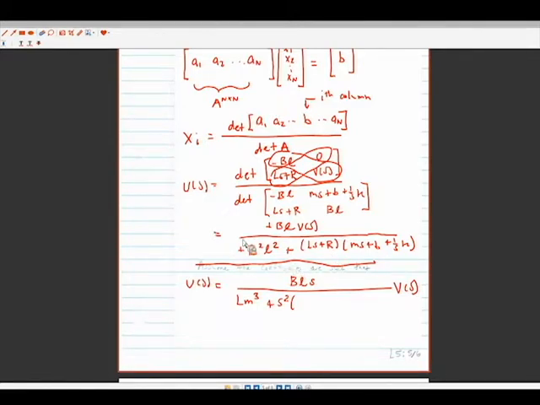And so it's going to have a third order transfer function, because we have an s to the 3 term.